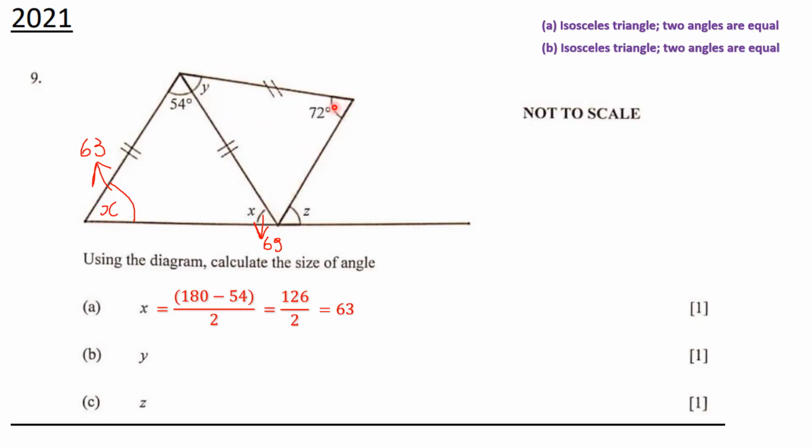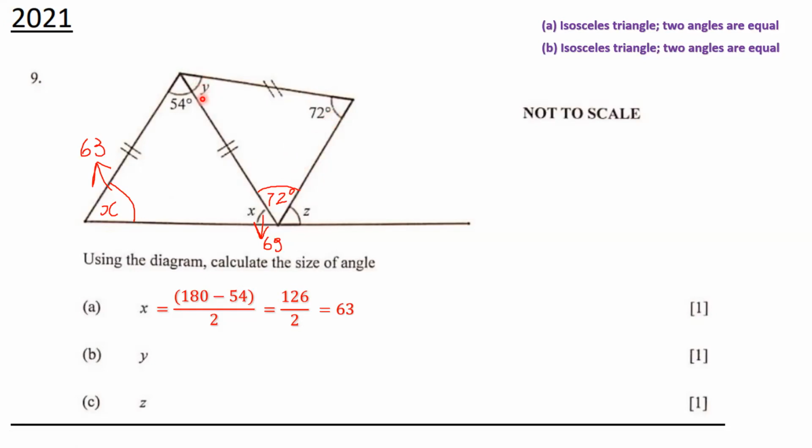So if this is 72 degrees, what that means is that this angle right here, which is on the base of the triangle, will also be 72 degrees. All right, so both of the angles are equal in measure. So we have 72 plus 72 plus y is going to be equal to 180 degrees.